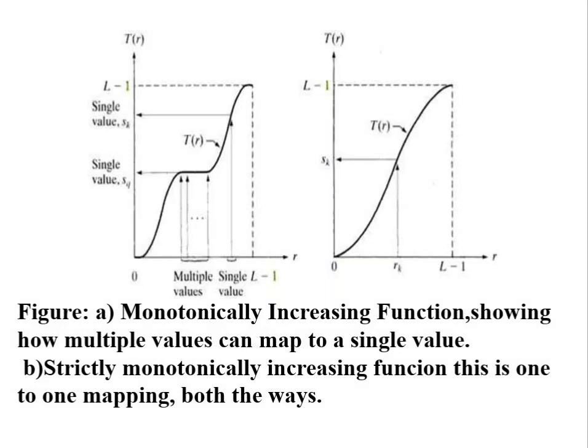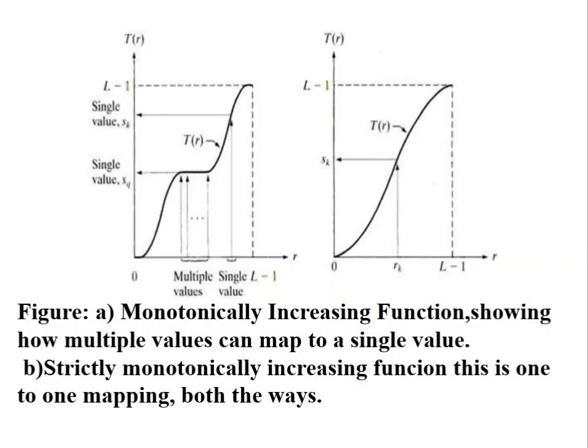We assume that T of r is a monotonically increasing function in the interval 0 to L minus 1, and that 0 is less than or equal to T of r, which is less than or equal to L minus 1, for r lying from 0 to L minus 1. In some formulations to be discussed later, we use the inverse, that is r equals T inverse of s, where s lies from 0 to L minus 1.